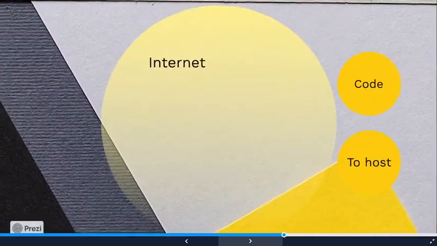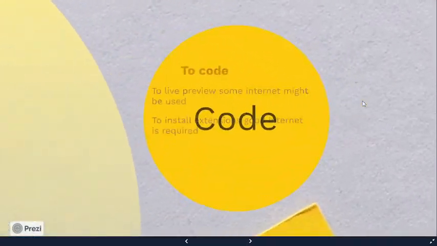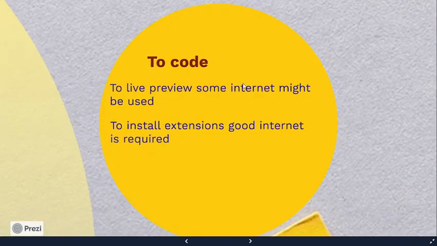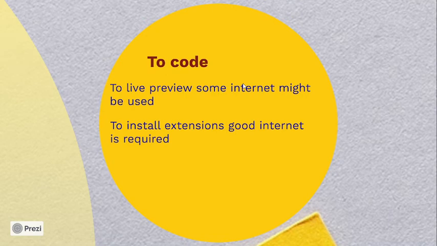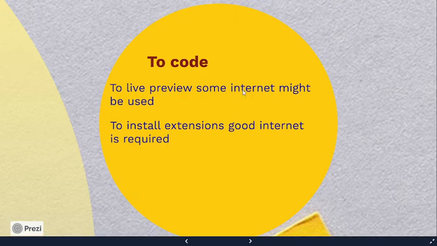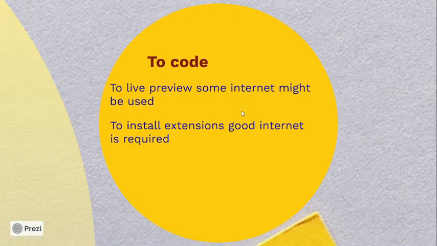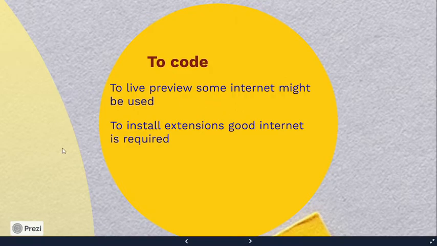Now what internet would be needed? To code we need very little internet for live preview, 10 KB, or even 0 KB; sometimes it does not need any internet, but it might use some if you are organizing your web page into folders.